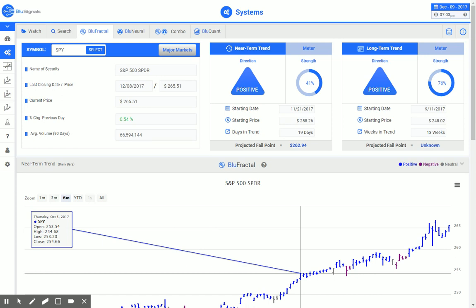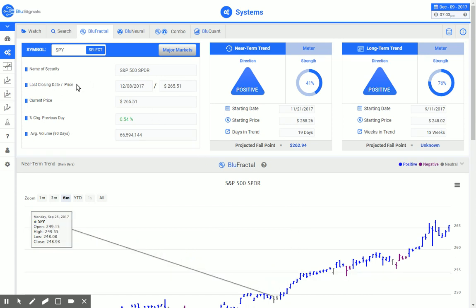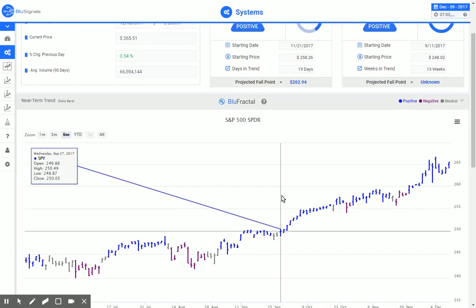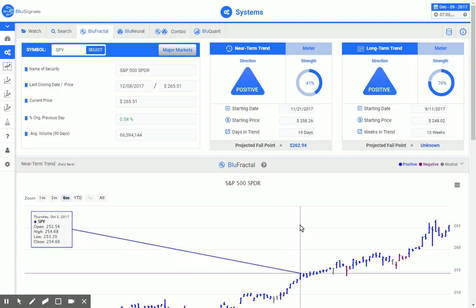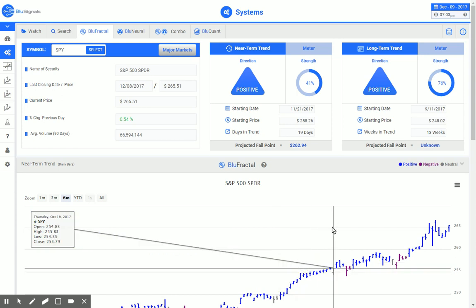Again, using any number of standard technical indicators, and our technical analysis charts have dozens and dozens of indicators, studies, and overlays that you can choose from to construct your own customized charts and use the system data from the Blue Signals systems to give yourself trend and directional bias when executing intraday trades.